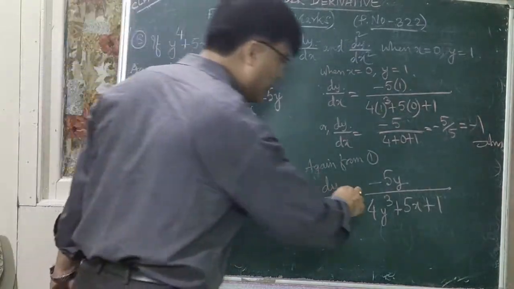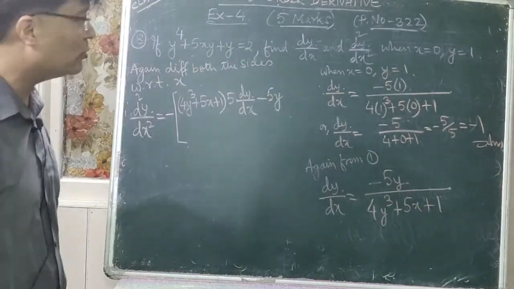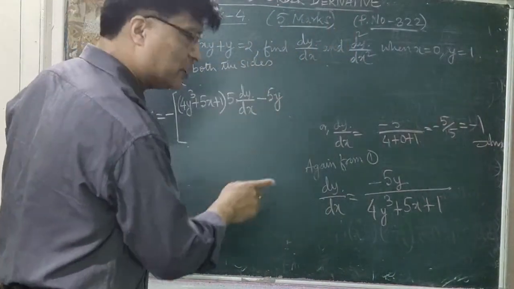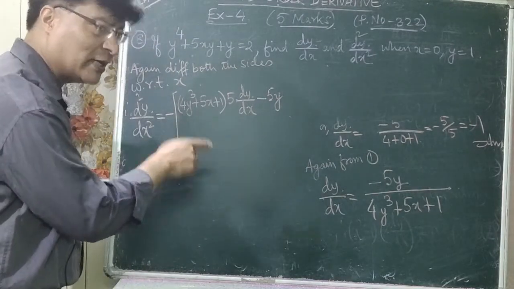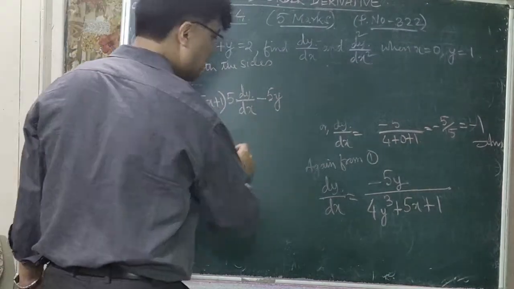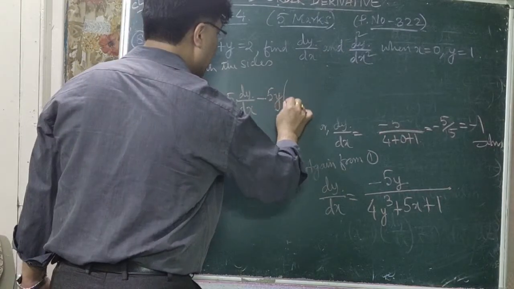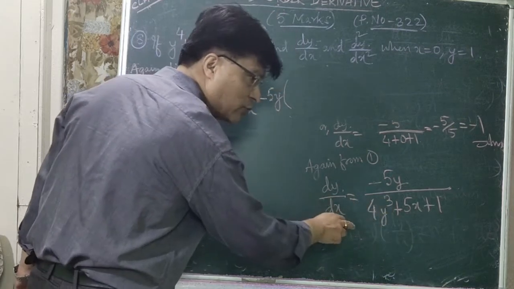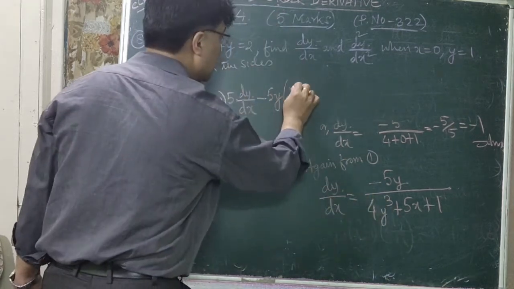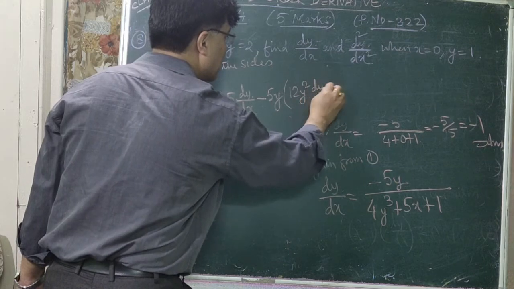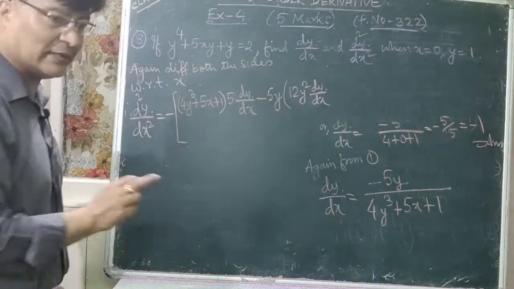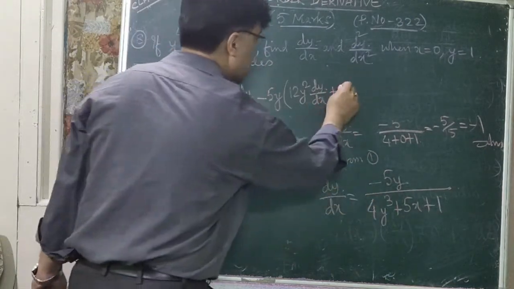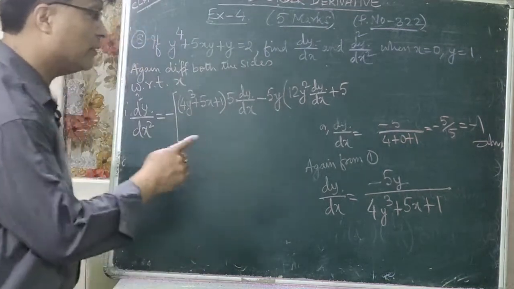Now you have to take the differentiation of the denominator with respect to x, keeping the numerator as it is, right? So within the bracket, what is the differentiation of y cube? 4 is there. For y cube it is 3y square into dy by dx. So 4 3s are 12y square dy by dx. Is that clear? Then plus, what is the differentiation of 5x with respect to x? That is 5.